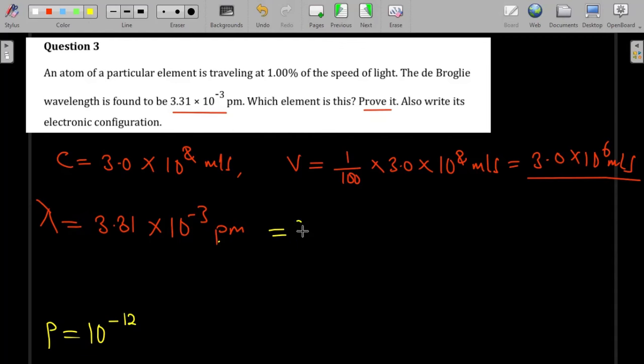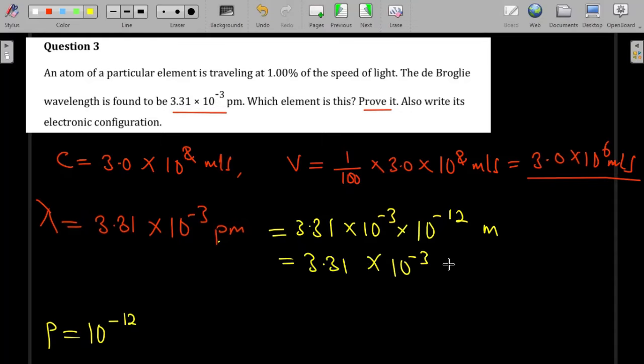It will be 3.31 times 10 to the power minus 3 times 10 to the power minus 12 for the pico, and then meters. I can combine minus 3 and minus 12. That will be minus 15 meters. So this is my wavelength in meters. I have my wavelength in meters, I have my speed in meters per second, so I can calculate the mass.